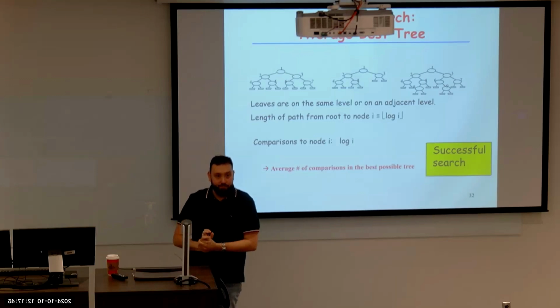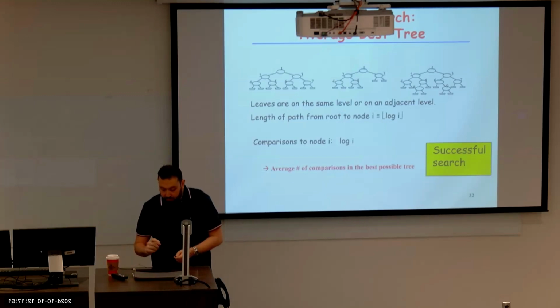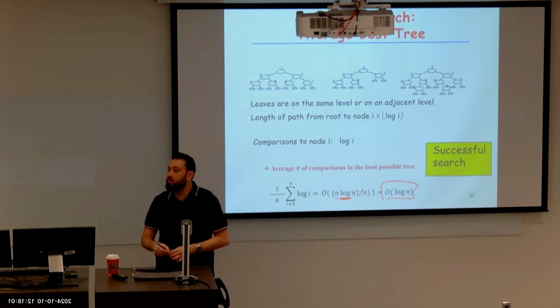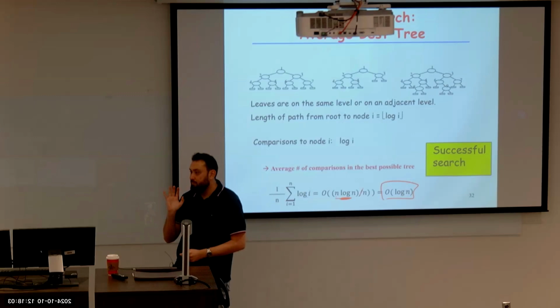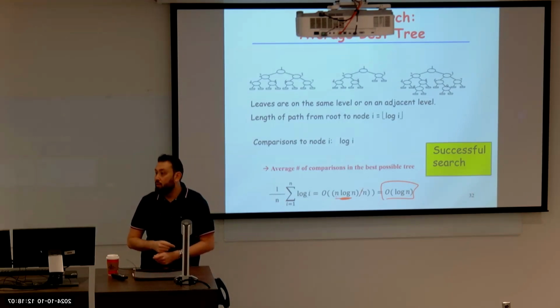So I need to add them. But in this case, what am I adding? The log of n instead, not the n. So I'm going to end up with n log n over n. We proved why this is n log n in previous lectures. Also, it will stay log of n. So for the best tree, the average will still be log of n.